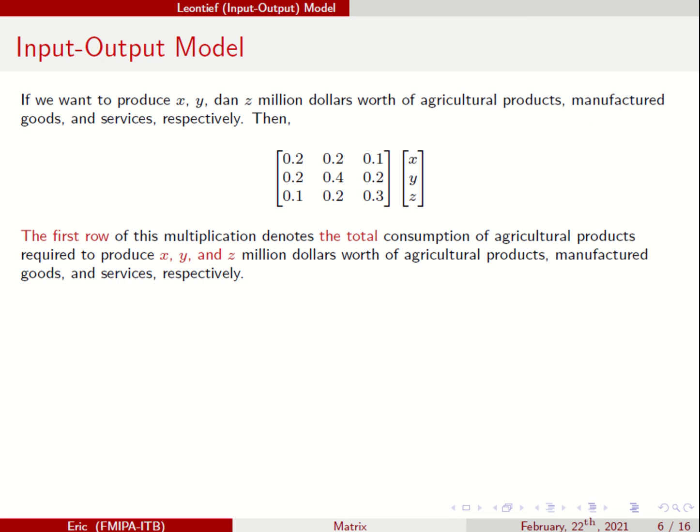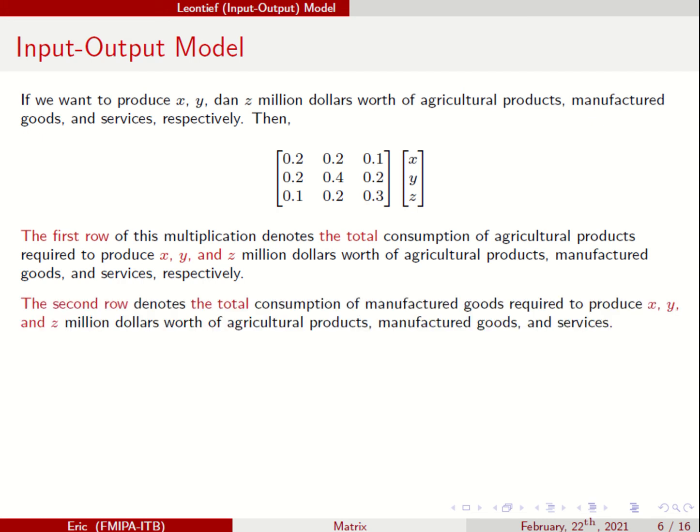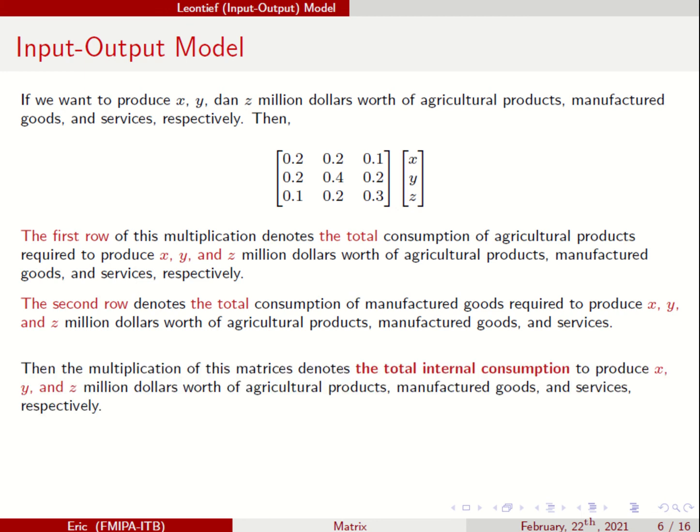What about the second row? It is 0.2x plus 0.4y plus 0.2z. That is the total consumption of manufactured product required to produce x, y, z million dollars worth of agricultural, manufactured goods, and services. What about the third row?